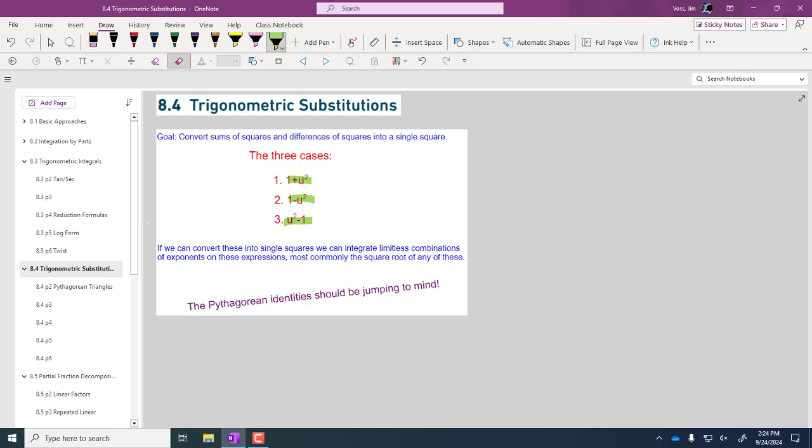Possibly much more complicated. The u could be anything. It could be a function. It could be something much more complicated. The general idea, though, is that if we see a sum of squares or a difference of squares, we can do it. So I need a way to distinguish between these 2 differences of squares.